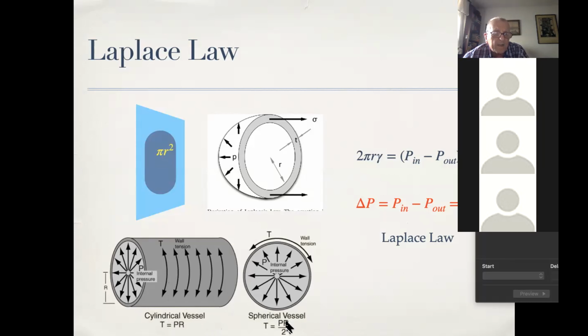For a sphere, the tension is half of it. This is a very interesting equation, and you might do the experiment with it tomorrow morning at home.